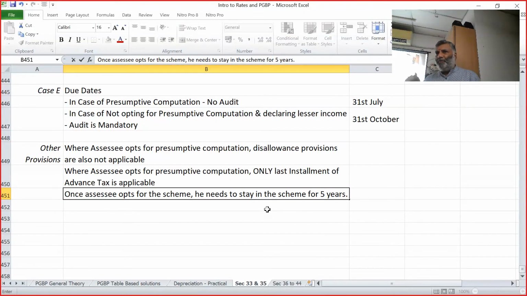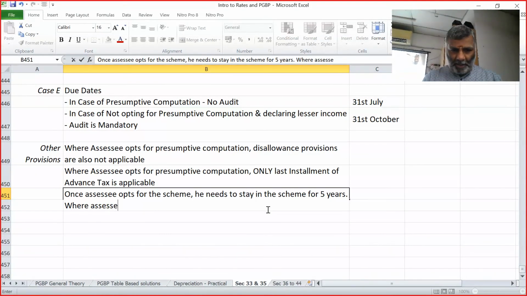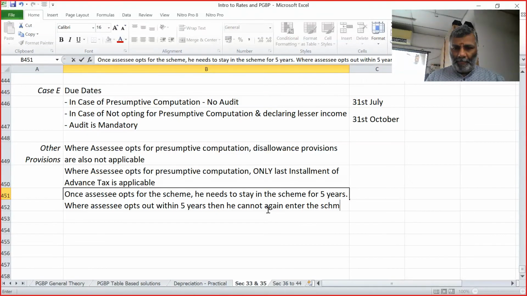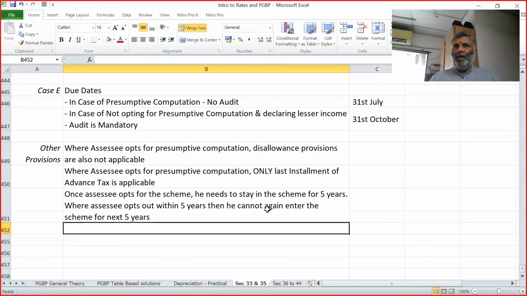Where assessee opts out within 5 years, then he cannot again enter the scheme for the next 5 years. You can break the lock-in period and come out of it, but year on year option is not available. 5 years you need to be in the scheme.